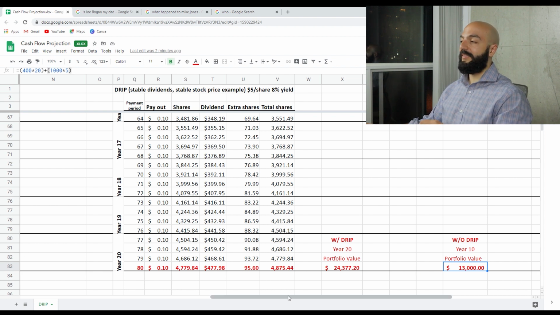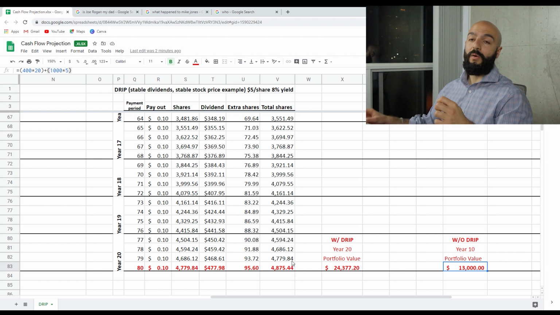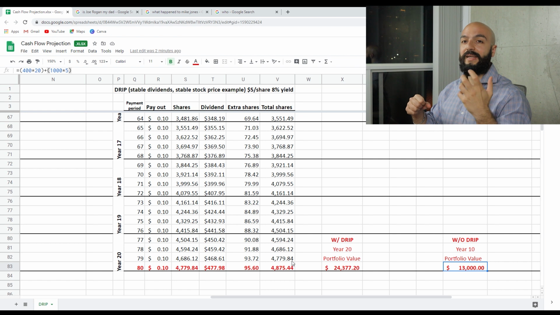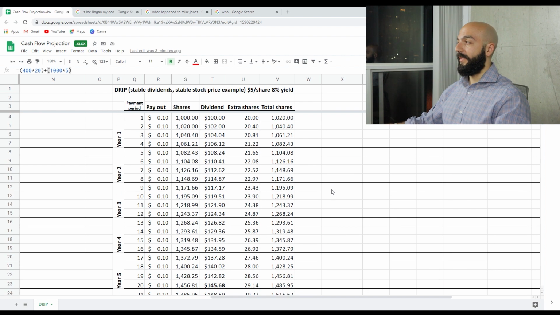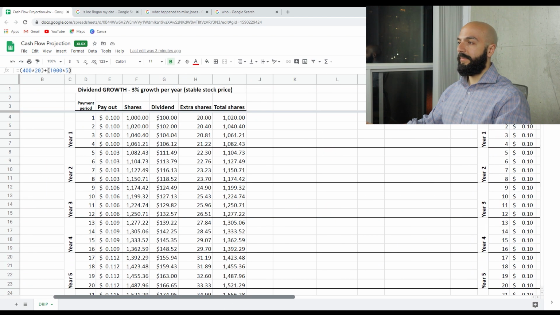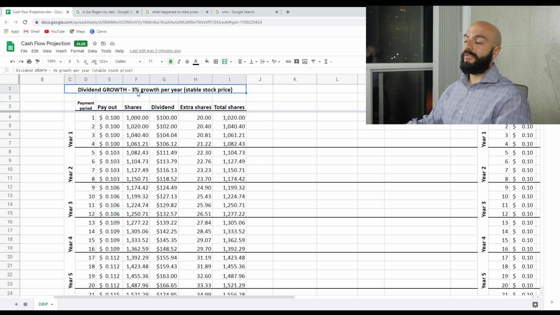Now, this is just taking into account stable dividends, stable stock price. My favorite thing about dividends is finding the dividend growth companies that have been increasing every year. Let's take a look at an example. I have it over here conveniently of dividend growth. Keep in mind, I'm taking into account 3% consistent growth a year.